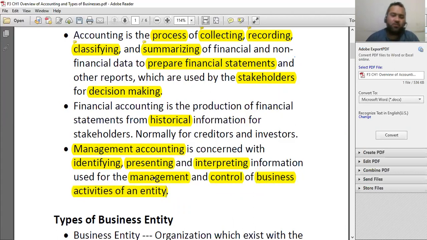Management accounting is concerned with the collection of financial and non-financial data. That collected data will be used for planning, monitoring, and controlling, so that management can better utilize the resources to achieve the goals and objectives of the organization effectively and efficiently.